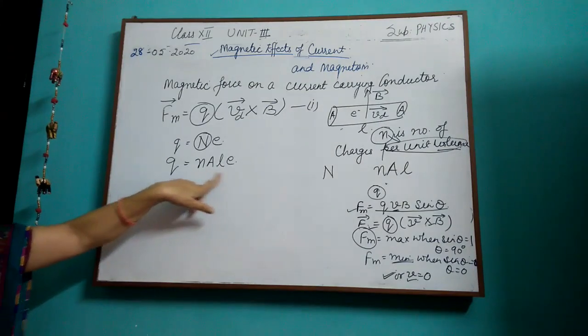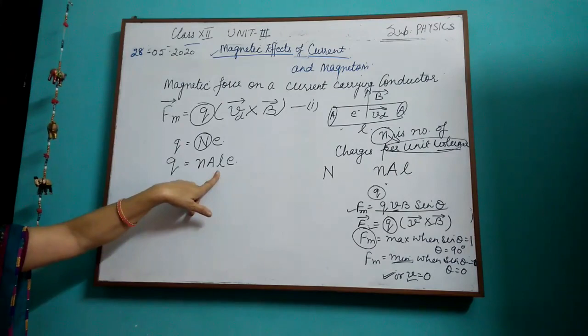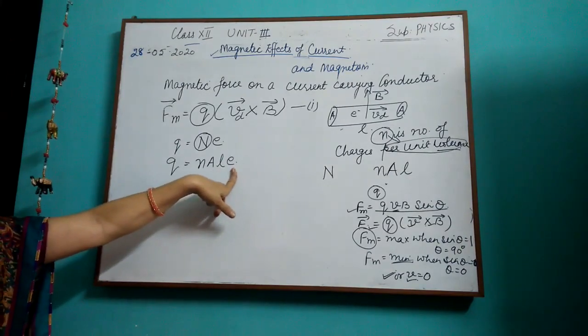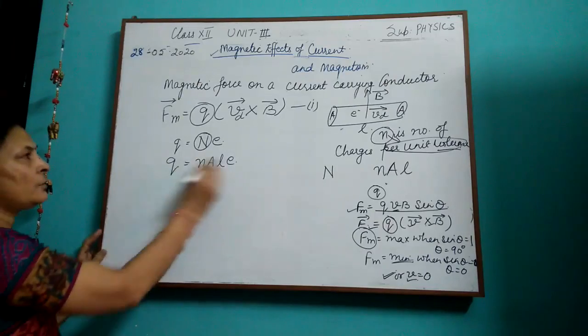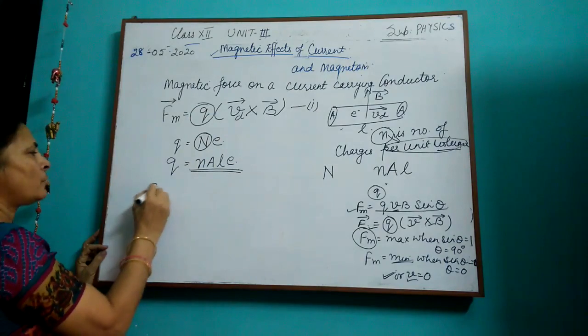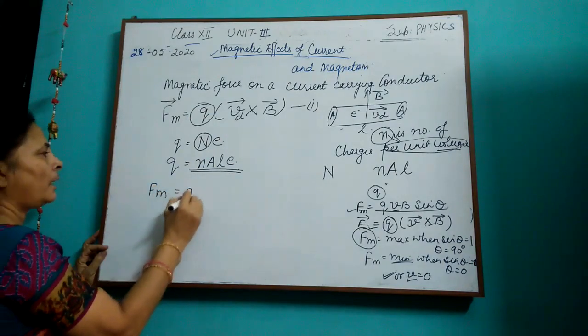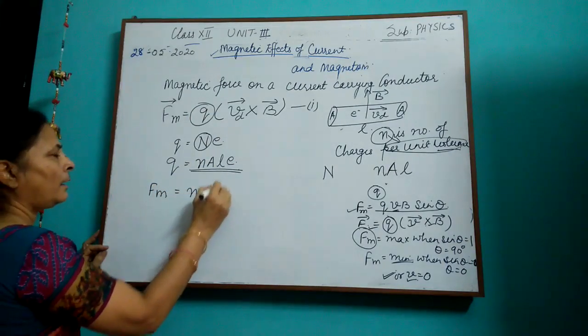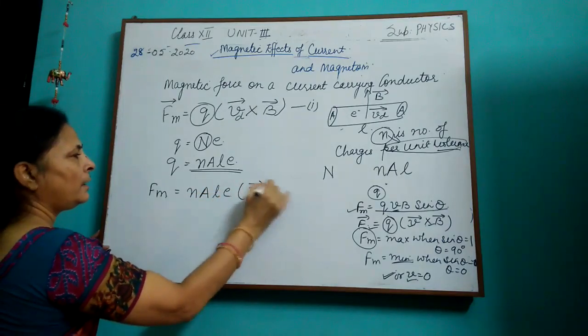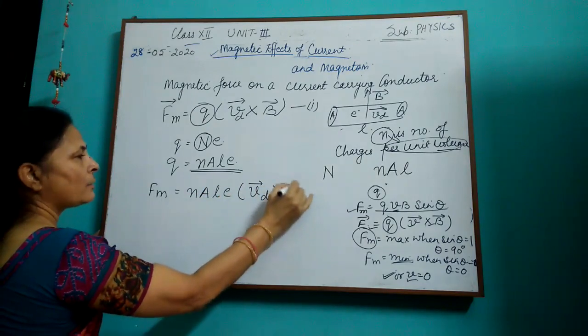So the total number of charges is n A L, and the total amount of charge will be multiplied by the charge on one electron. So Q shall be replaced by this number. So Fm equals n A L e Vd cross B.